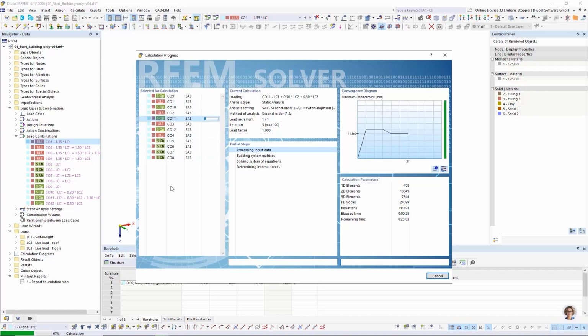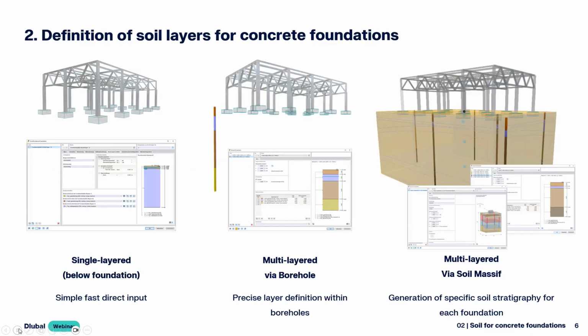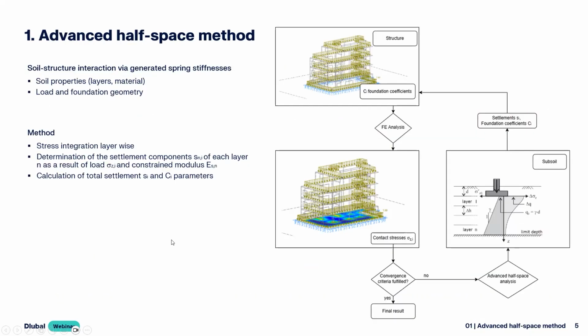Okay, in the time where the calculation is done, I would like to show one more slide. So we go back here and do a click here, and oops, this was too far. I just prepared the slide to summarize a bit the procedure that is done now. The advanced half space method is able to consider the soil structure interaction via these generated spring stiffnesses.